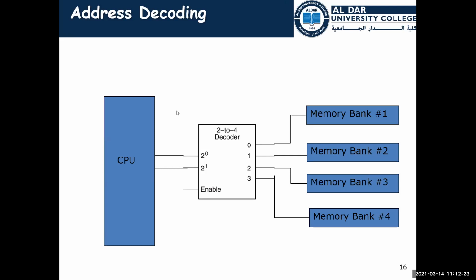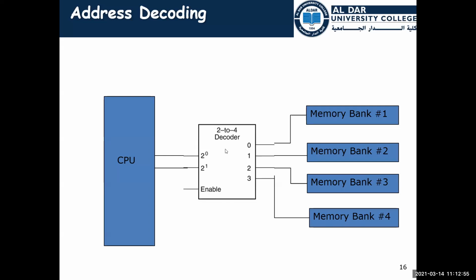Okay, that's perfect. So we have two inputs here and four outputs, and one output will be active at a time. This memory bank will be active only when this is 00, and this memory bank will be active only when this is 10, and this memory bank 3 is active when this is 01. And the last one is 11: when the input is 11, the last one will be active.